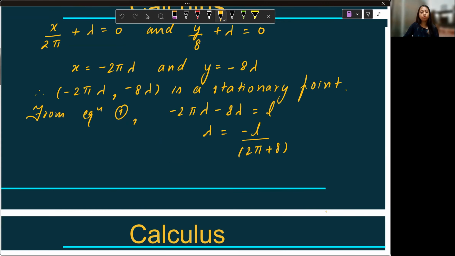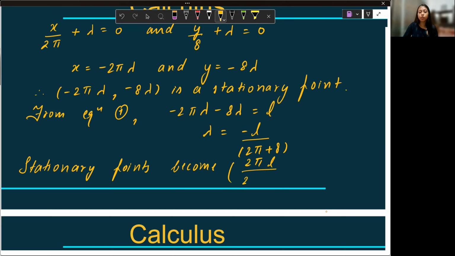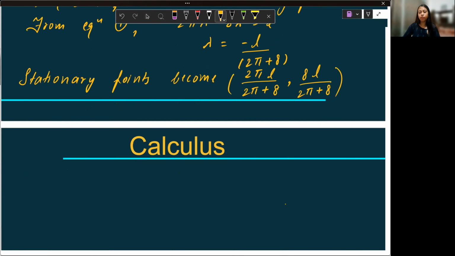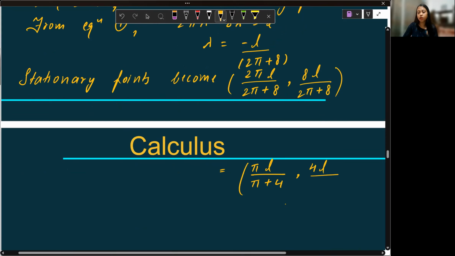So stationary points become, substituting the value of lambda here, 2 pi L by 2 pi plus 8 and 8 L by 2 pi plus 8. Can be simplified by taking 2 common. It will be pi L divided by pi plus 4 and 4L divided by pi plus 4.